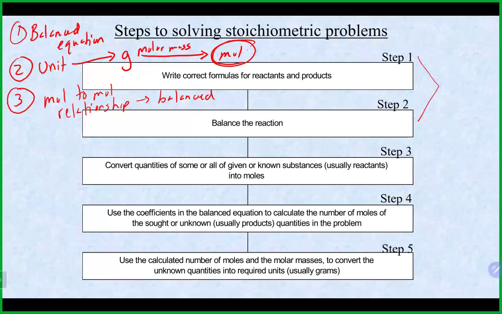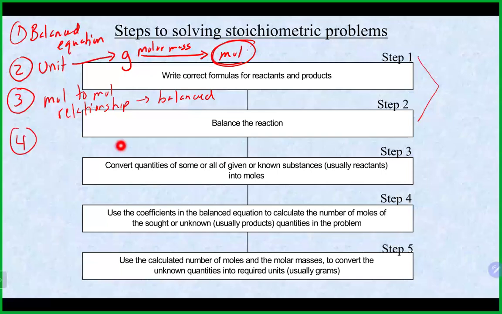Somewhere in the problem, they gave you a number. The other thing is what you're trying to find. Maybe you're trying to find the grams of a product, or the grams of a reactant. You want to find that mole to mole relationship.